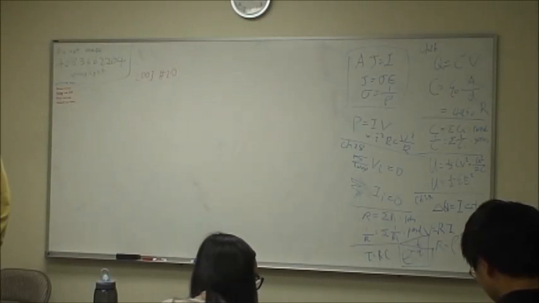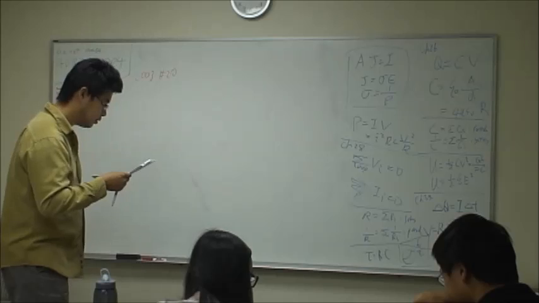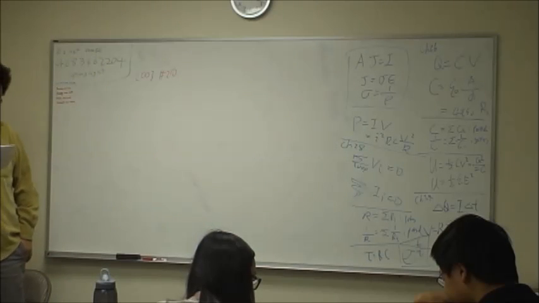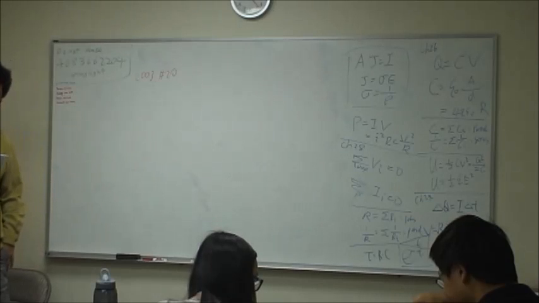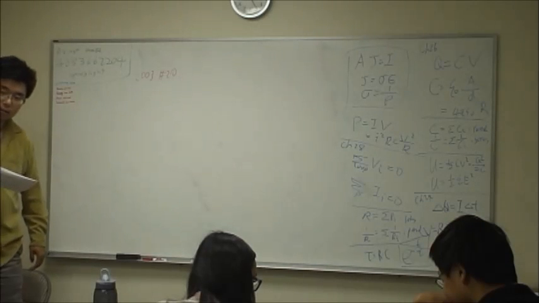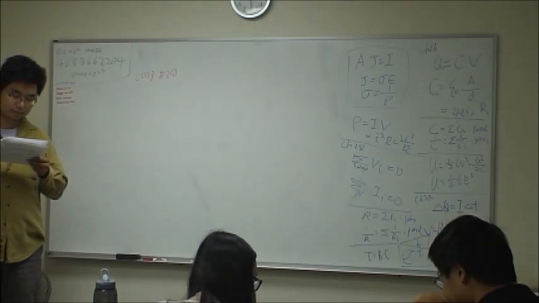So after it's closed, what's the potential difference at the 15 ohm resistance? Okay, C is the right answer because 15 and 30 are in parallel, right? So the voltage between them should be exactly the same.